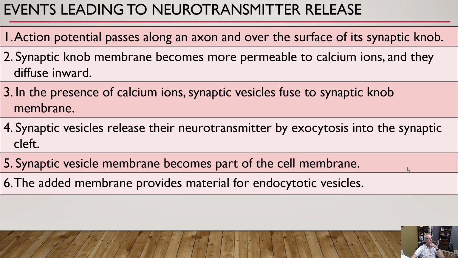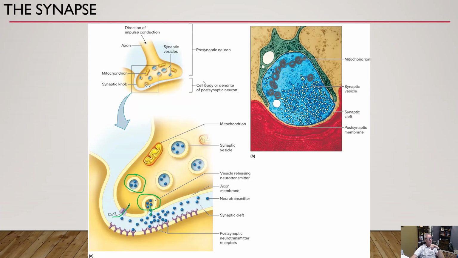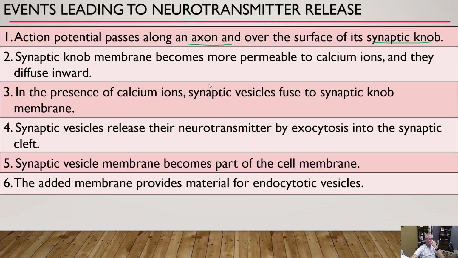All right, so actions that lead to neurotransmitter release. That action potential goes, remember, all the way down that axon over that synaptic knob. This is that synaptic knob right there. Calcium has to be involved. Calcium diffuses into that synaptic knob.